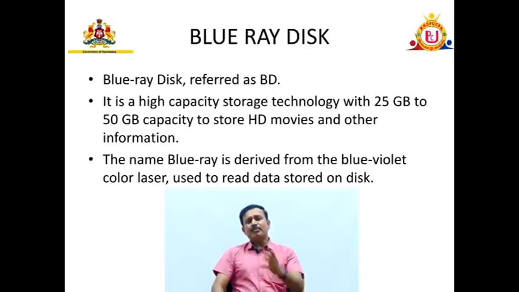A large volume of data can be stored in Blu-ray discs. I told you already, from 25 gigabytes to 50 gigabytes of information can be stored in this type of ROM. The name Blu-ray is derived from the blue-violet color laser.